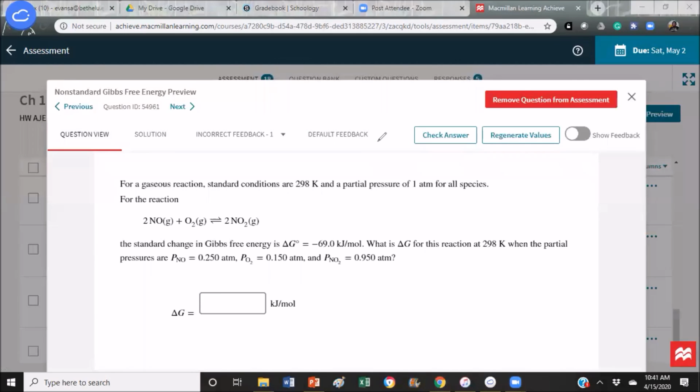So with this one, they give us delta G. They give us our concentrations. So we have to find out first what is Q. Q is equal to products over reactants. So I'm going to go ahead and just put in the numbers: 0.950 squared because we have 2, O2 is 0.150, and 0.250 squared.